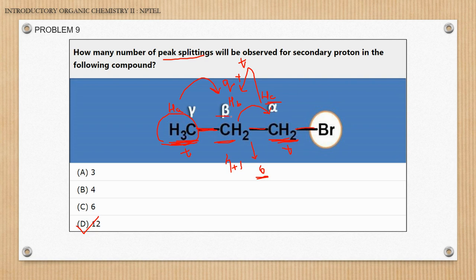If you consider this, then how many protons are there? 9. Which is not present in the question. So you have to consider all the 12 splitting patterns. Sometimes you have to answer according to the question's availability also. Okay, is it clear?